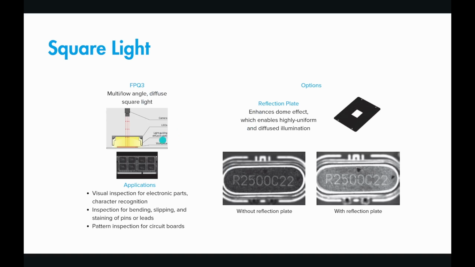This works kind of similar to the HPR2 in a way. It's got a light guide diffusion plate. It can work at a short light working distance as a low angle light, but it has this reflection plate that you can add as an option to kind of give it more of a dome light effect. So here there's some pinholes that we couldn't see without the reflection plate, but with it we can read the code and see the pinholes.